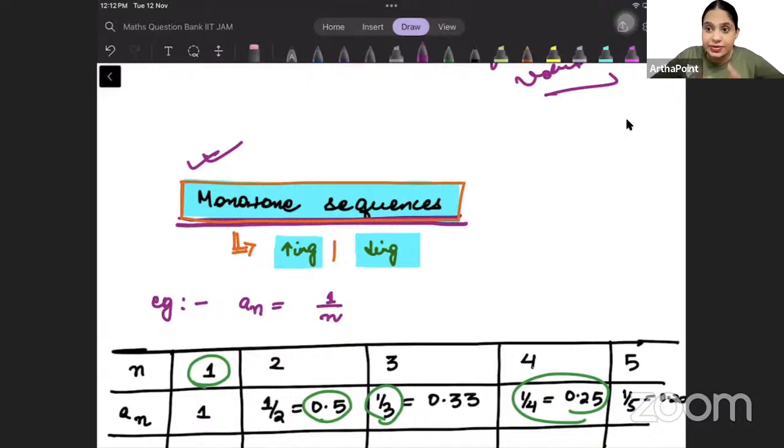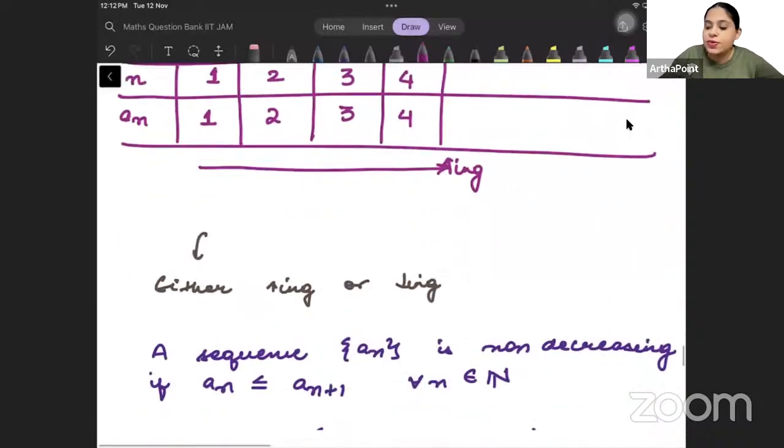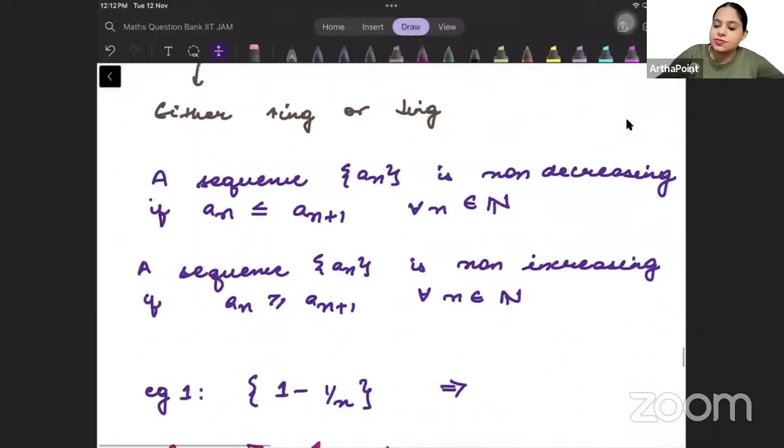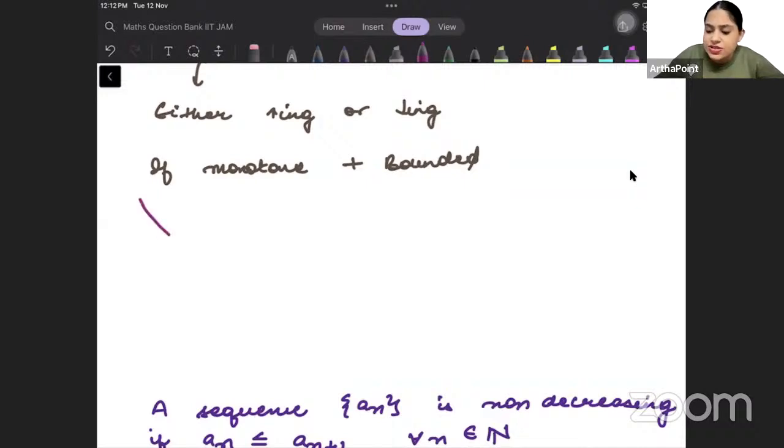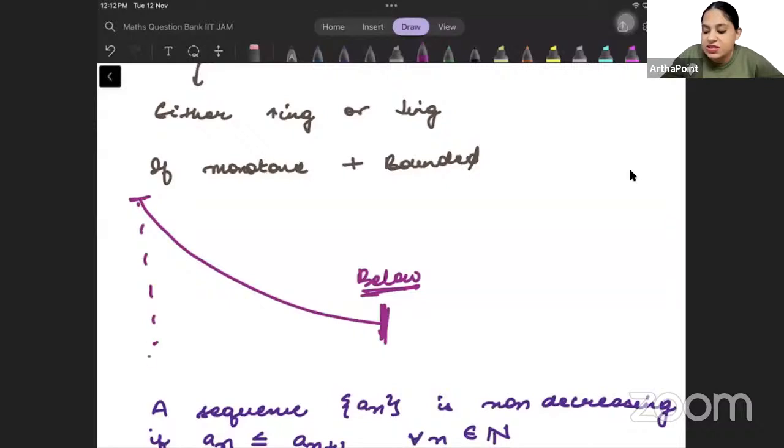But if a sequence is monotone and bounded, a sequence which is monotone and also bounded, what does it mean? It means that if this sequence is decreasing, it is bounded below. We know the lower bound. And the upper bound we will know too, because that will be when n is plugged as 1.